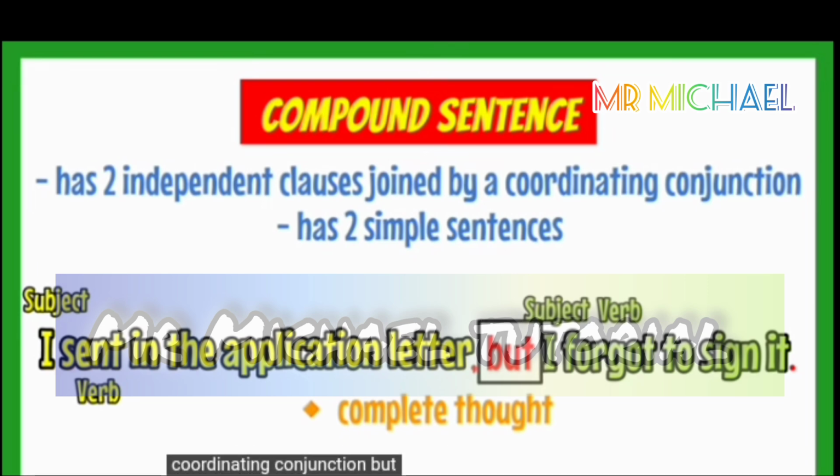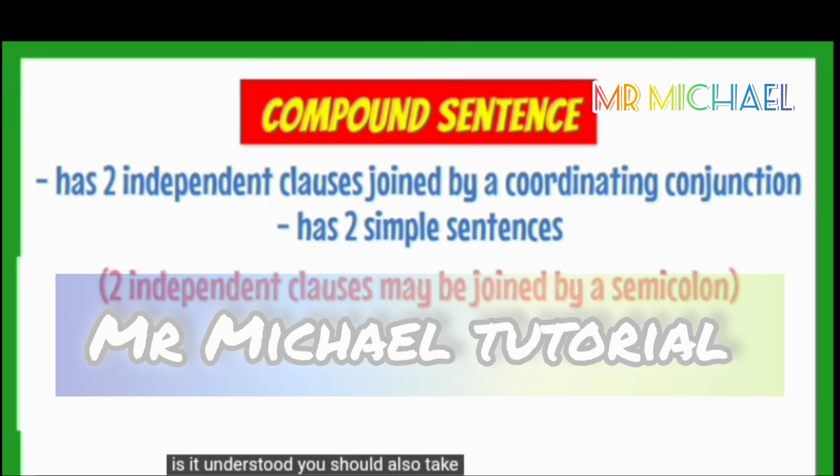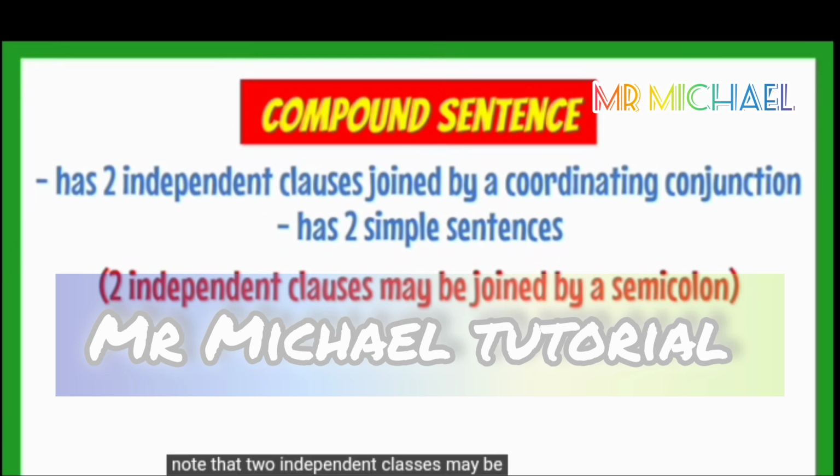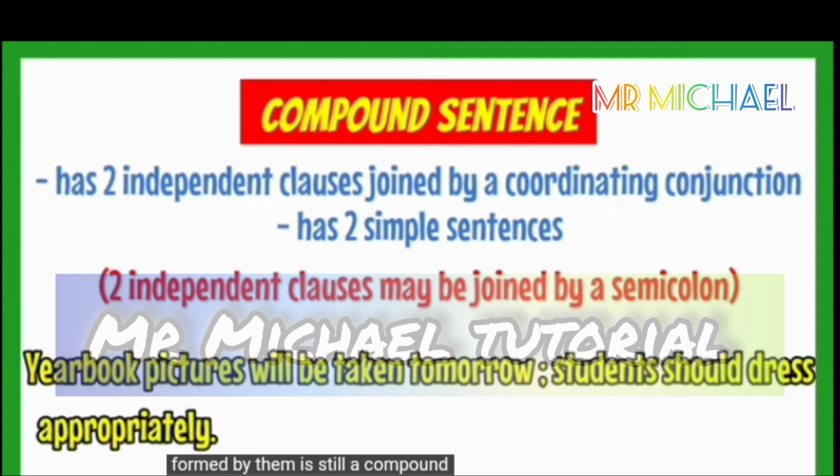Is it understood? You should also take note that two independent clauses may be joined by a semicolon instead of a coordinating conjunction. The sentence formed by them is still a compound sentence. For example, yearbook pictures will be taken tomorrow; students should dress appropriately.